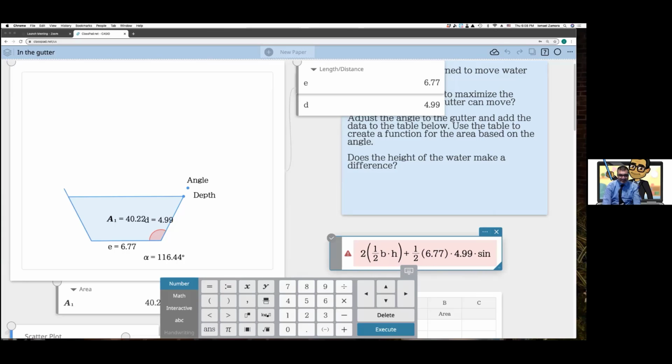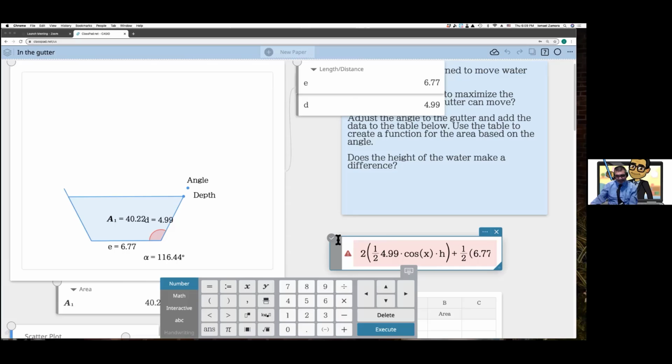The base is going to be the hypotenuse, which is 4.99, times, again, it's going to be the short side. My triangle disappeared here, but it's a short side, and that's going to be the cosine of x, because I've got the adjacent side, which is the short side of the triangle, and that's over the hypotenuse.